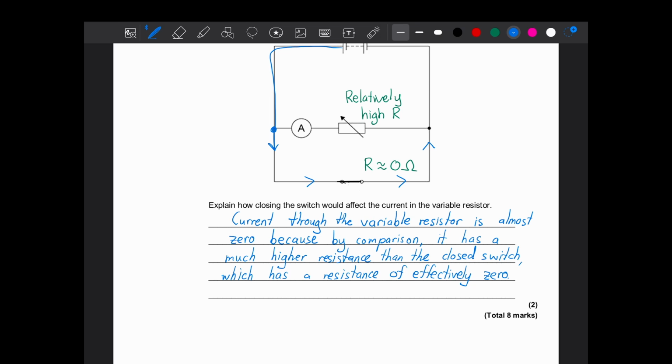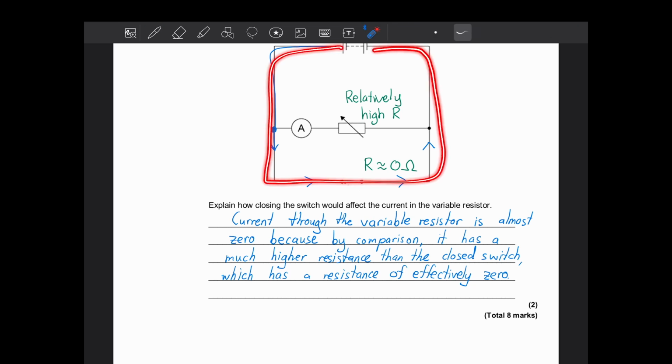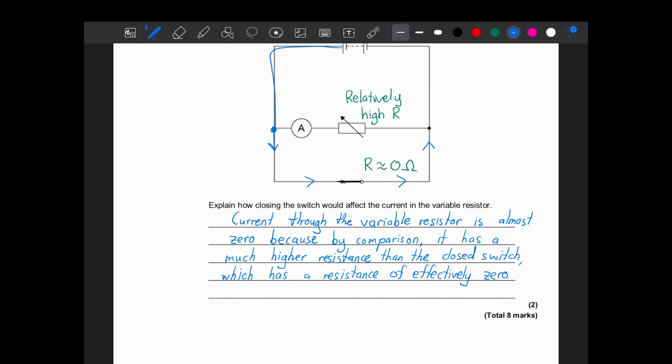Now, when I answered this question, this is where I stopped, but admittedly, there is a point that I missed in the mark scheme, and that is just to mention that short circuit, about how current can now travel freely along. Let's add that on as our next line. I'll write that in a different color.